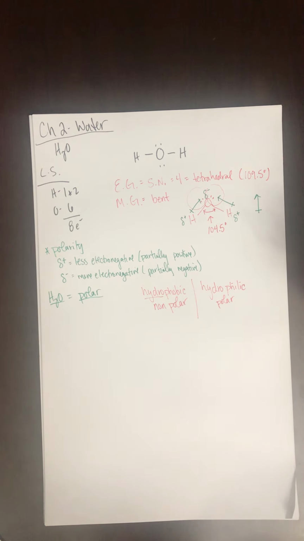So there's two important things that are happening here. The hydrogen bond is between a hydrogen and an oxygen. This hydrogen must also be covalently bonded to an oxygen or a nitrogen or a fluorine, but in this case it's an oxygen.